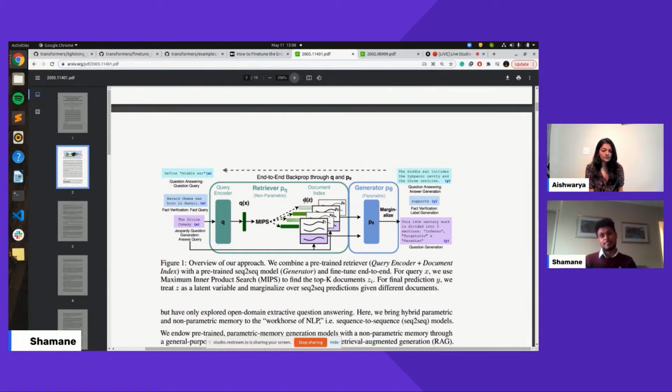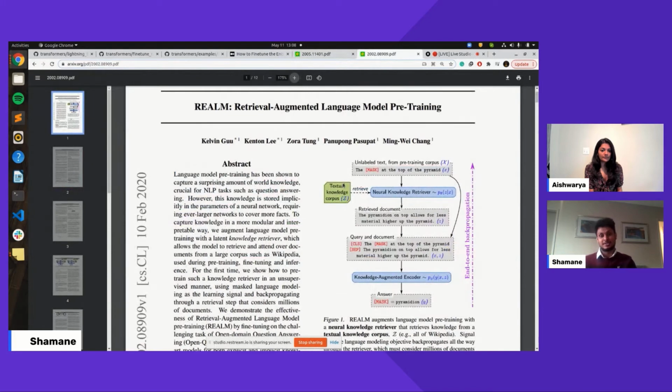That means they do not update this external document set or the external knowledge base during the training, right? So this part is kept frozen, only the question encoder and the generator. But in parallel work, it shows it would be nice if we keep updating this knowledge base also. That's the entire idea.